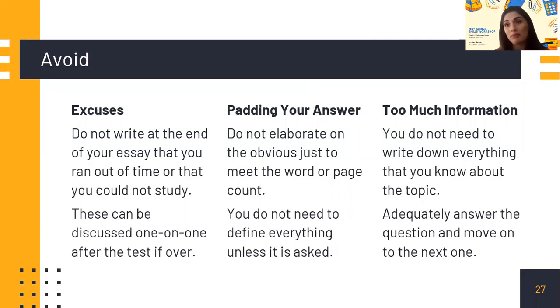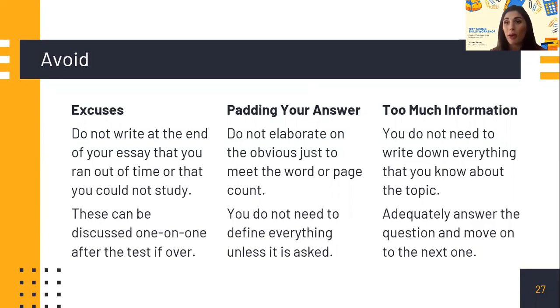Answer the question that is being asked of you. You do not have to write down every single thing that you know about a topic. For example, say you're asked a question about the American Revolution, the Revolutionary War. You don't have to go into detail about every single event leading up to the American Revolutionary War.